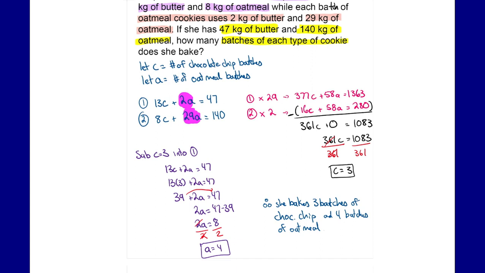In this case, we're trying to find a common coefficient for one of the variables. Then we're adding or subtracting the 2 equations to cancel or eliminate it. Again, keep in mind, we might have to change the original equations to allow us to eliminate, but we've looked at examples with that. And then the latter part is very similar to solving by substitution.